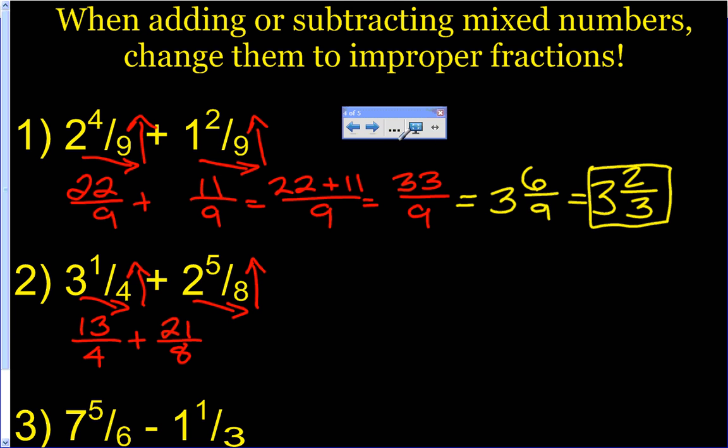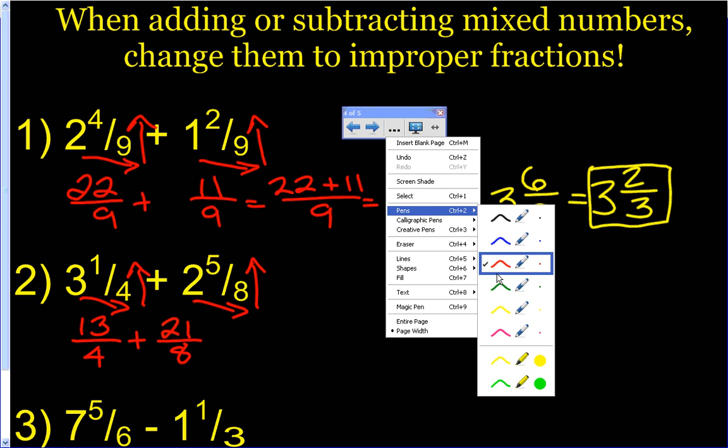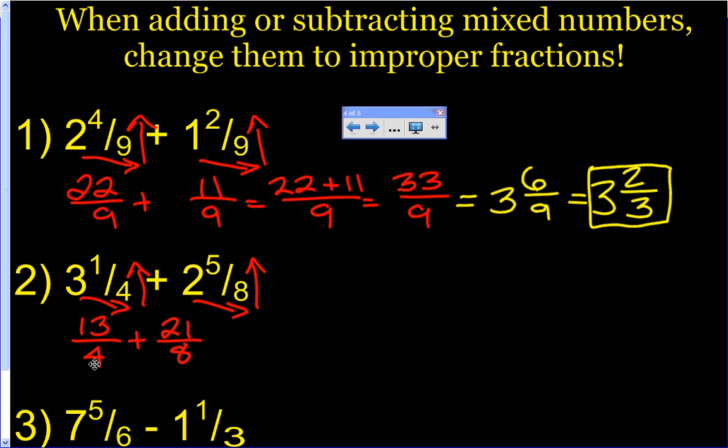These don't have a common denominator, so I need to find a common denominator. If you look at 4 and 8, ask yourself, is there something I can multiply 4 by that'll make it into 8? The answer is yes. If I multiply it times 2, so multiply the top and the bottom by 2. So now I have 26 plus 21 over a common denominator of 8.